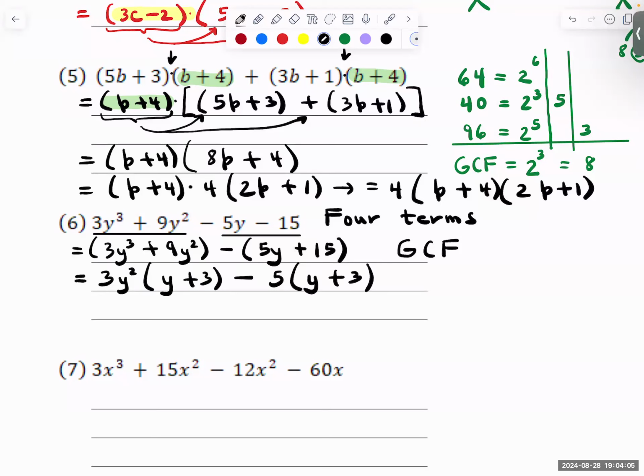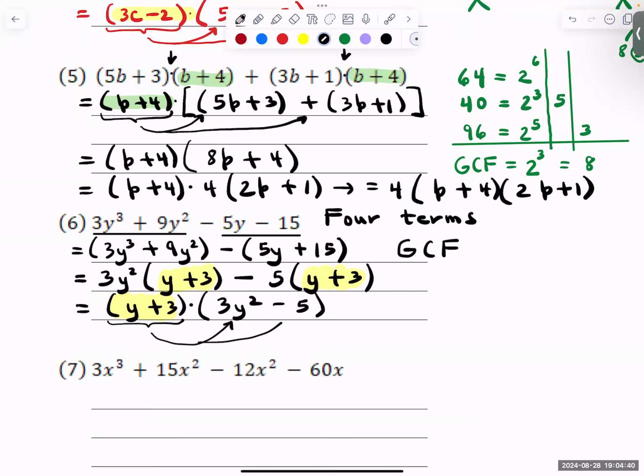Now y plus 3 is a common binomial factor that can be factored out. So we'll, in parentheses, multiply y plus 3 and distribute y plus 3 times 3y squared, and then y plus 3 times minus 5.